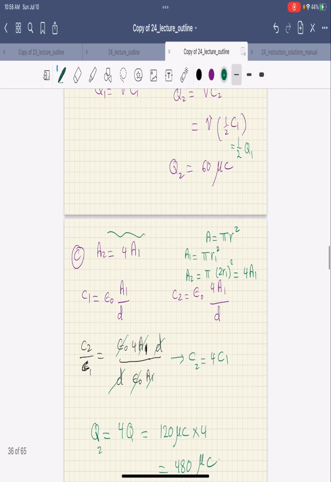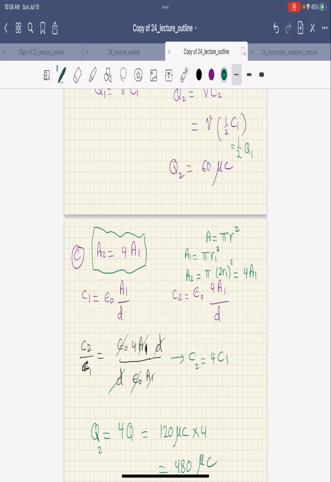Therefore, the area is going to be 4 times when you double the radius, because the radius appears in the area equation as r squared.